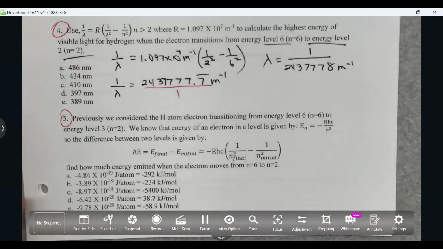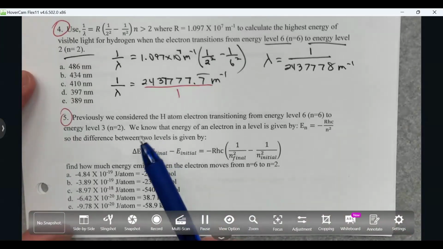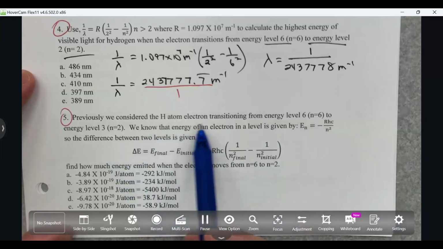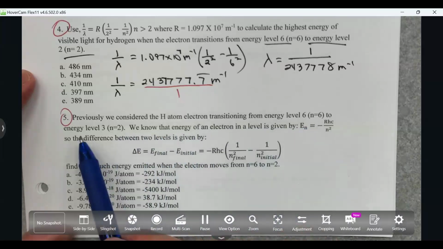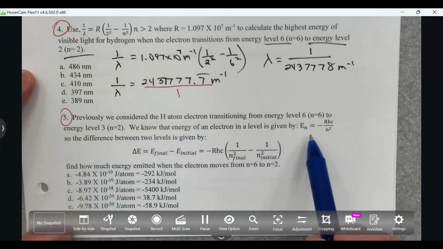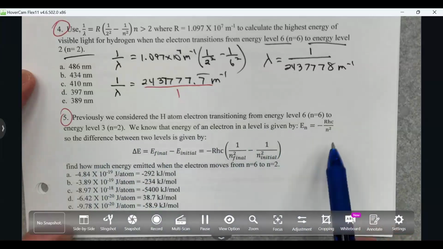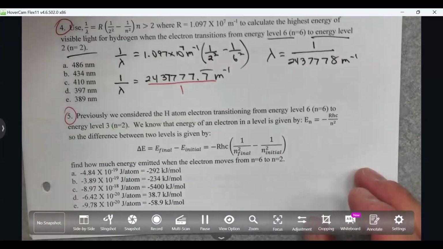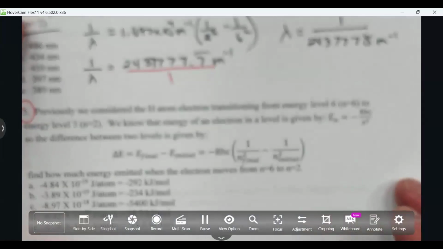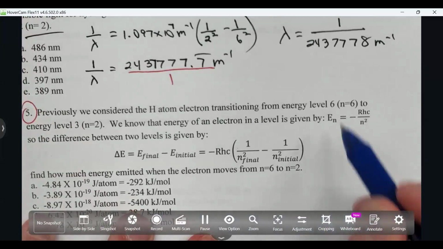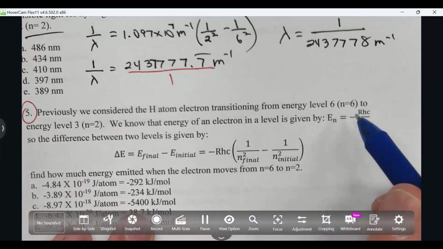All right, number 5. Energy level 6 to energy level 3. We know that the energy of an electron in the level is given by minus RHC over n squared. When we looked at this, we factored this out. Now this is coming down.